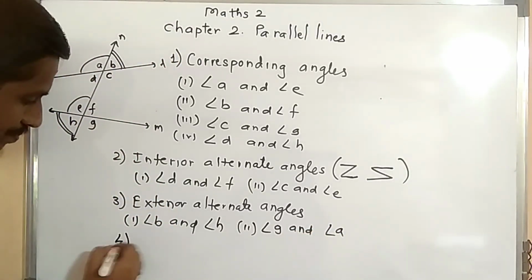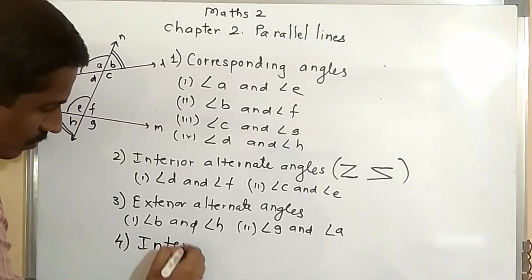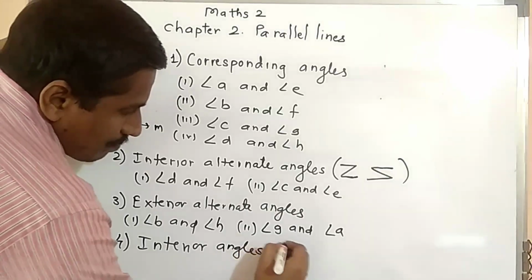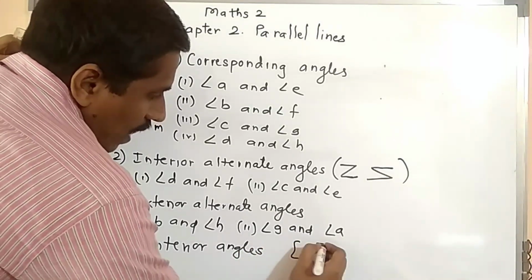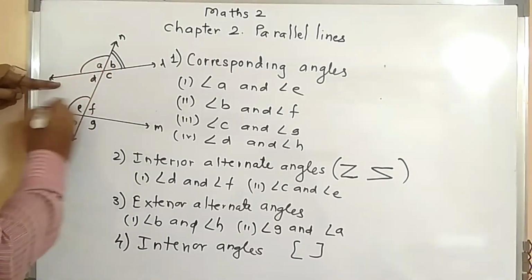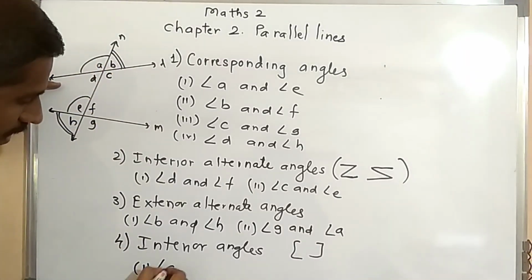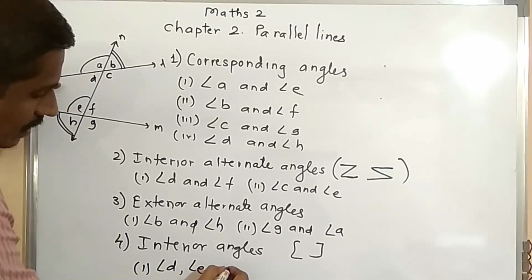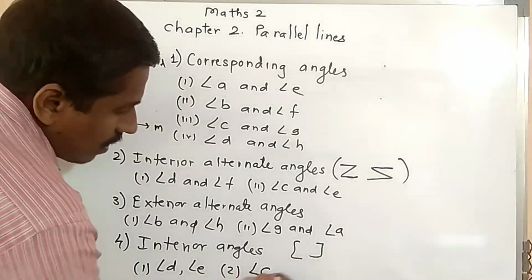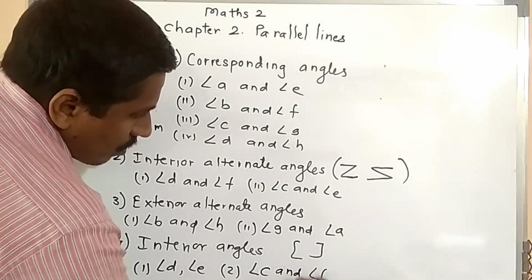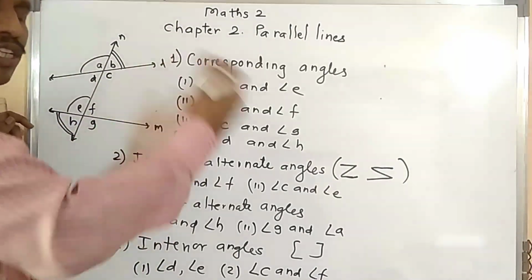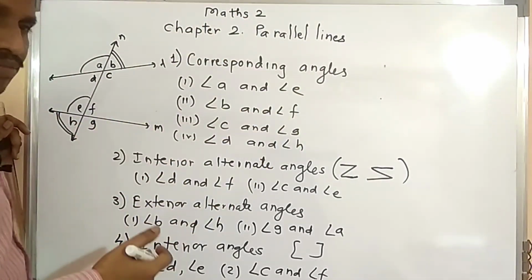Last type, interior angles. For interior angles, you have to remember angle D and angle E. The first pair is angle D and angle E. The second pair is angle C and angle F. All these types of angles we have studied in 8th standard.